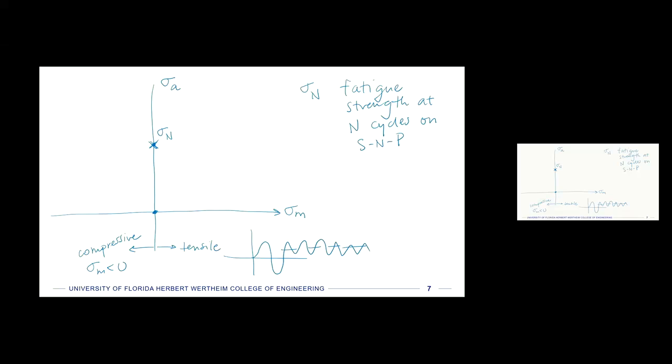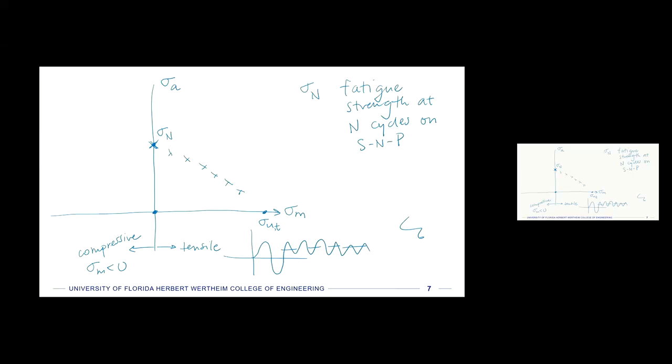And as we increase the mean stress, the amplitude that we can use to get the same life goes down. And it's not exact, but it sort of hits this axis at the ultimate tensile strength, call it sigma u or sigma ut.